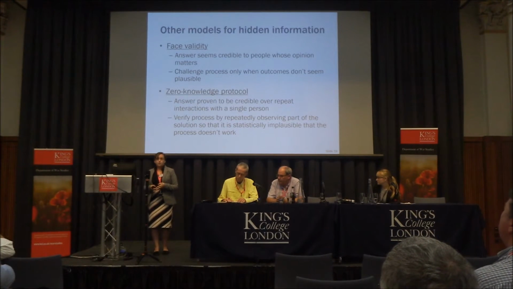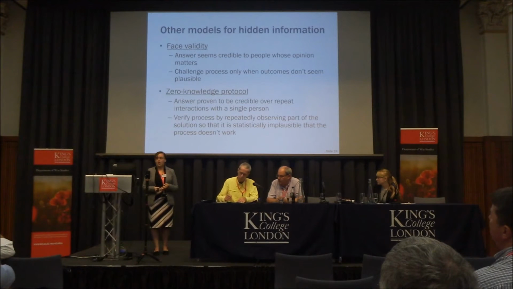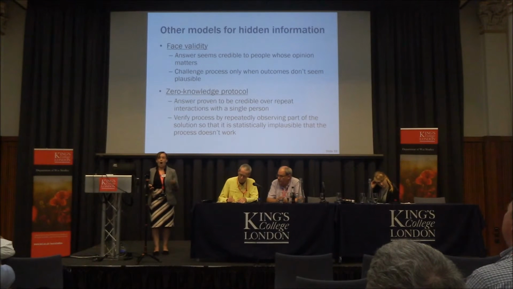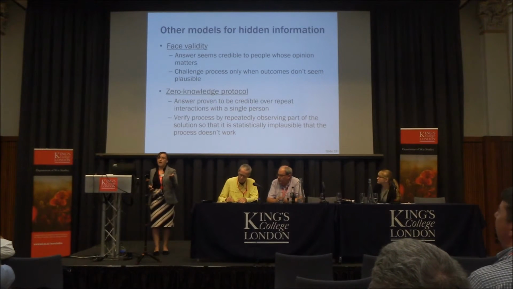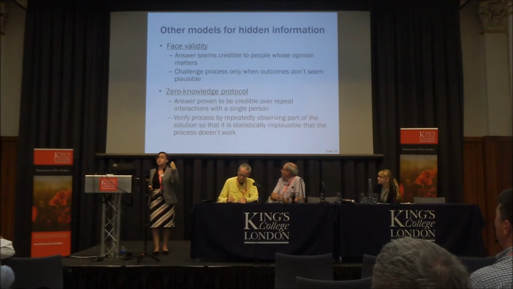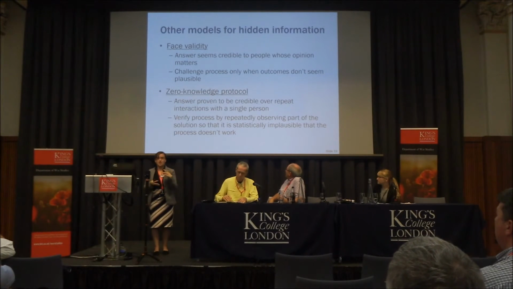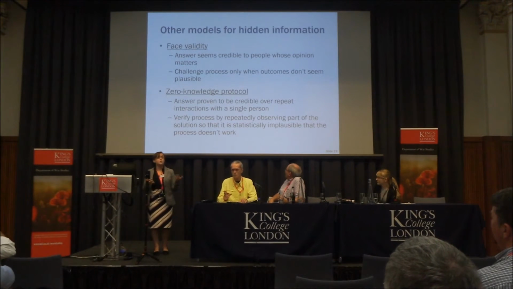Another and perhaps further field approach to hidden information is something called a zero-knowledge protocol. This comes from computer science and cryptology, and it's trying to grapple with this fundamental problem. I need to prove to you that I have a process for generating a solution. But I can't show you the process because then you'll know the process already and you're not going to pay me.